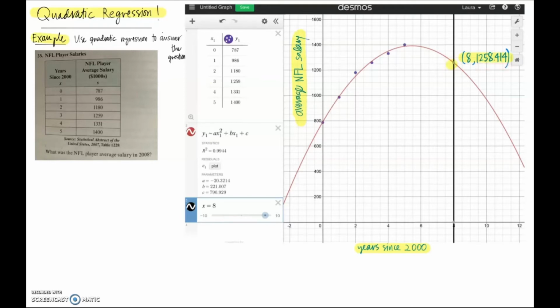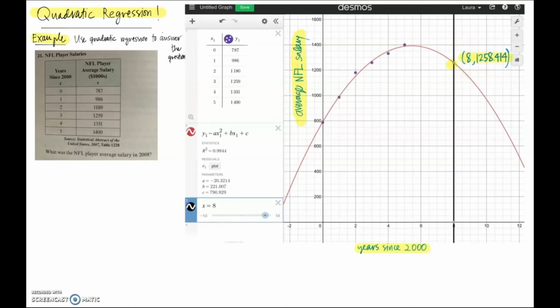Now, there is a small problem with this model because realistically, salaries are probably not going to go down. So we'll see other models in the future, but this maybe is better as a logarithmic model that keeps growing. But it's definitely fitting this data for now, and we just have to take it with a grain of salt, knowing that salaries aren't going to go down.